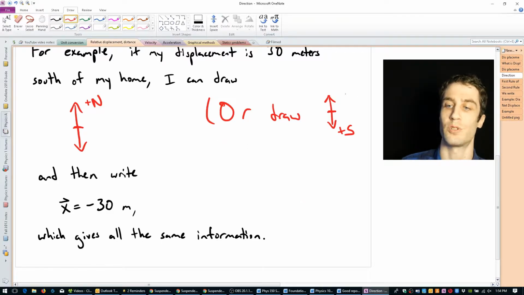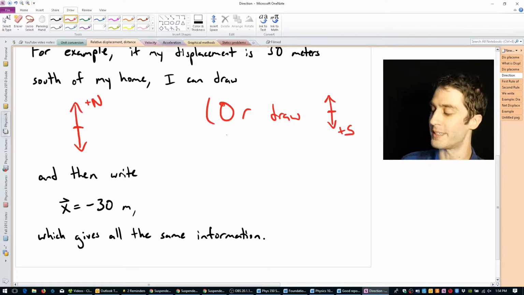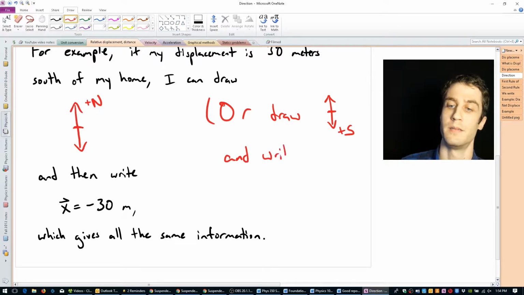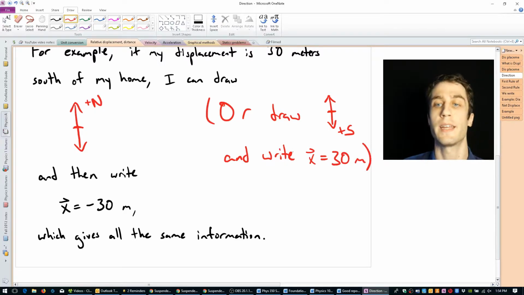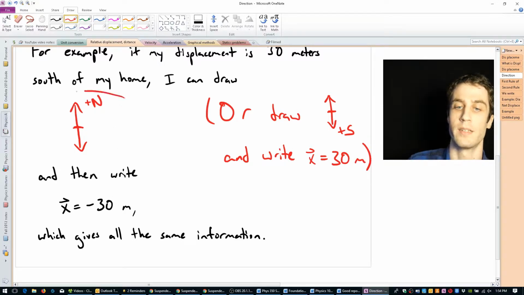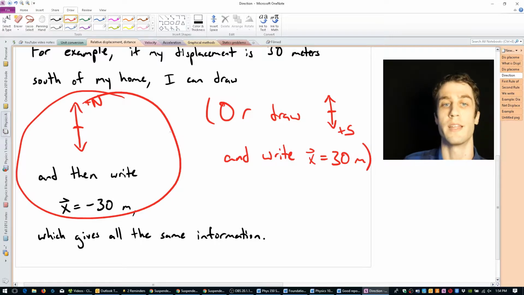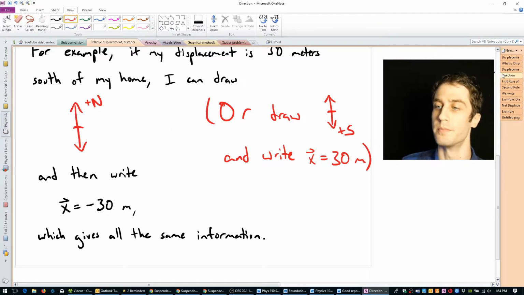And we don't draw in the north direction because we don't want two positive quantities on the same axis. And then we would write, for this version, x, our displacement, is equal to positive 30 meters. And that, again, carries all the same information that we would have if we used that coordinate system and x equals negative 30 meters.